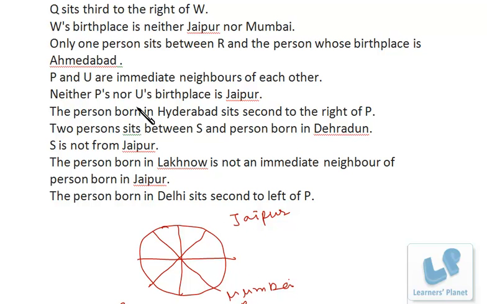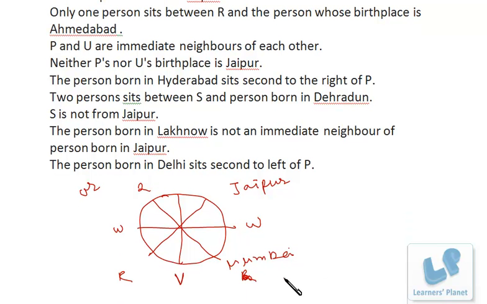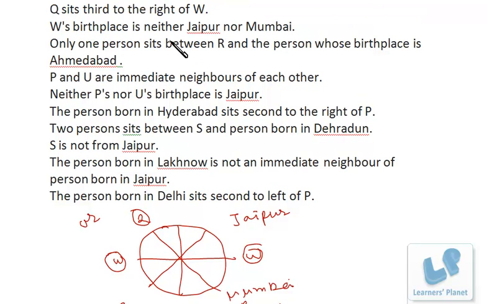And simultaneously W is not from Jaipur and Mumbai. So W cannot be in these positions. So if W is here, 1, 2, Q must be here, right? Or if W is here, Q must be here. Okay, so let's see what happens. We have these positions.